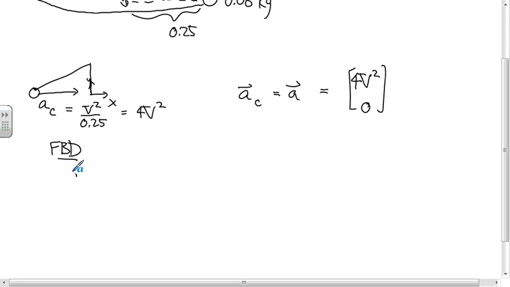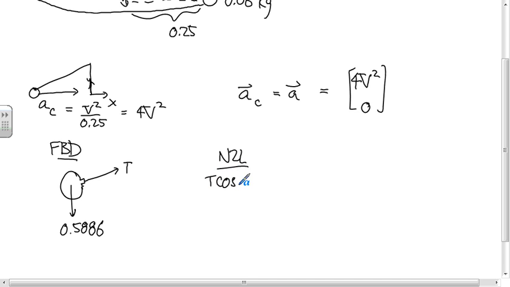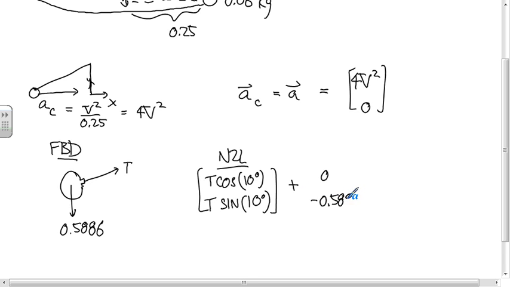The free body diagram has a weight, 0.5886, and a cable tension, T. So Newton's second law says T times the cosine of 10, T times the sine of 10, plus 0, negative 0.5886 is equal to 0.06 times 4v squared, 0.